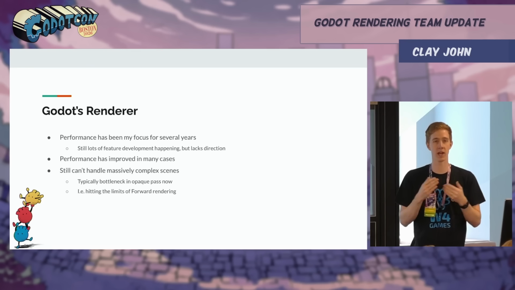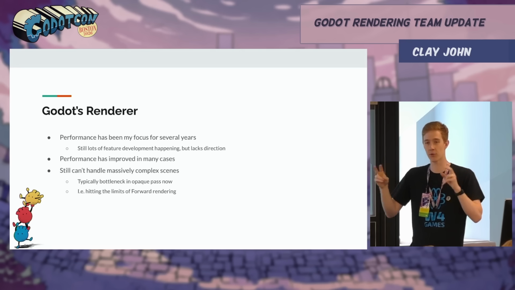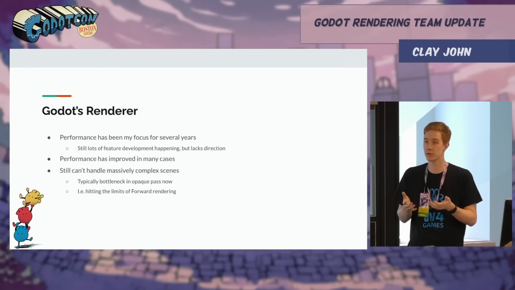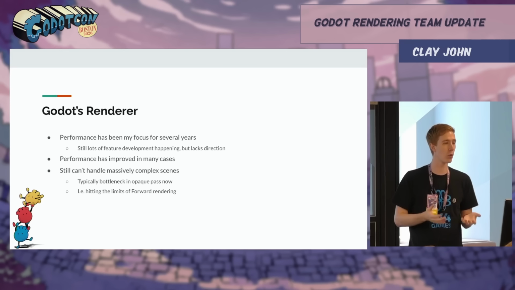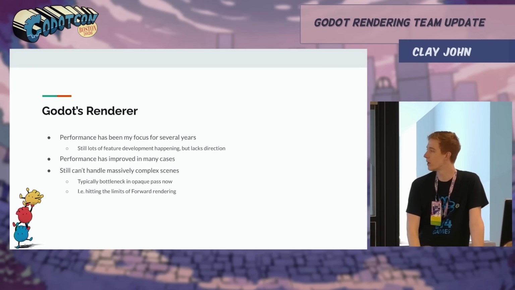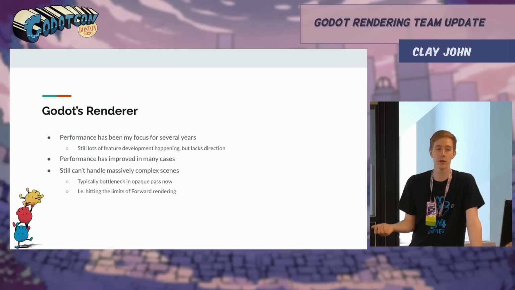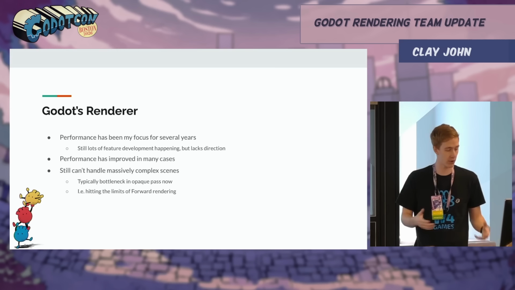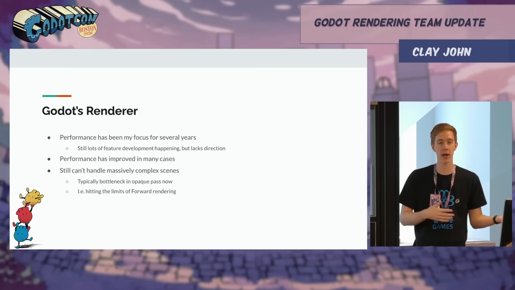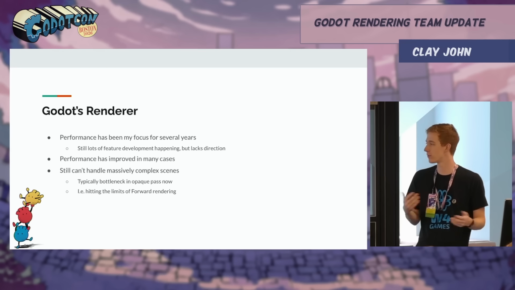So that's what we say when we say you're hitting the limit of forward rendering. It's really just that the type of game content that you see a lot doesn't work well with that method of rendering. Switching to something like deferred rendering, which is something you might have heard of, would improve that, but it comes with a bunch of other trade-offs that we don't necessarily want to force on people.